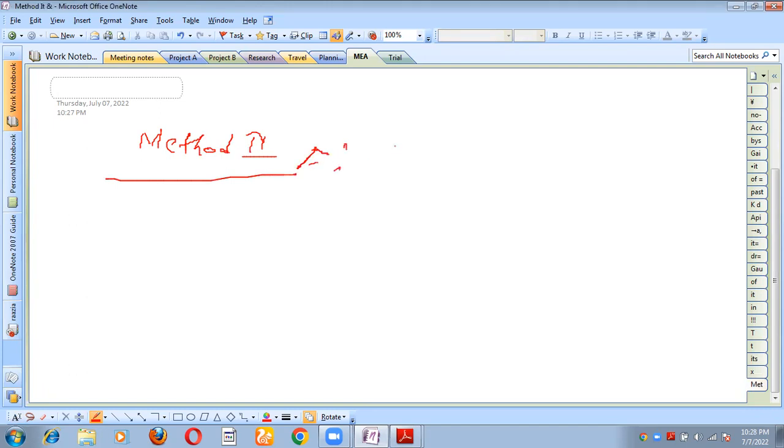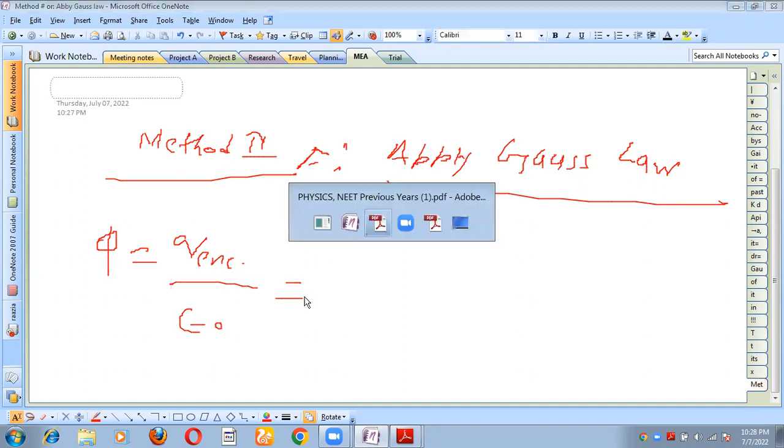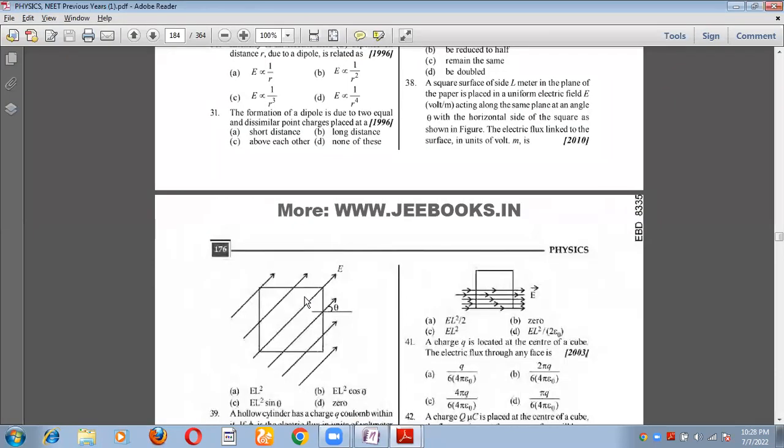What does Gauss law say? Phi equals Q enclosed by epsilon naught. Is there any charge enclosed by the surface? Here you see, is there any charge within the surface?